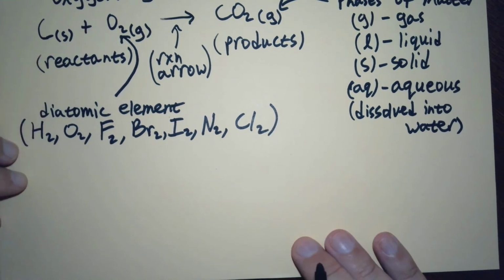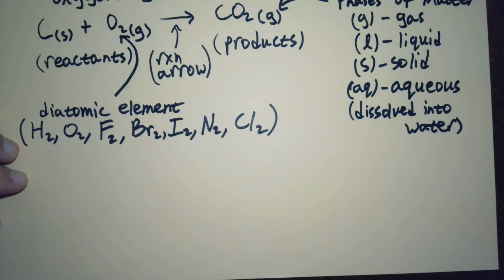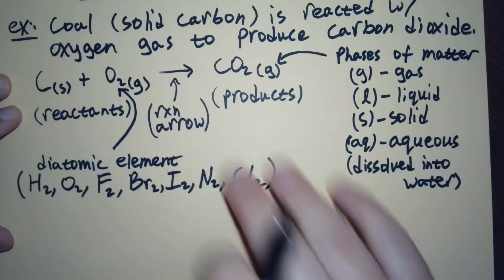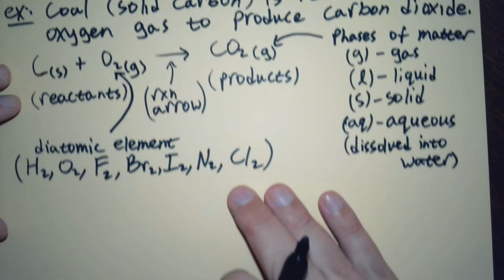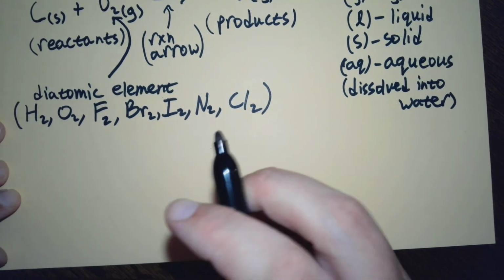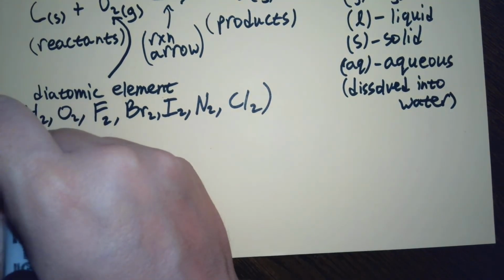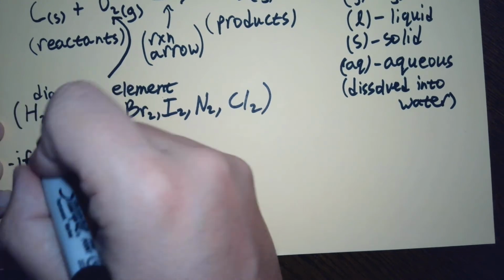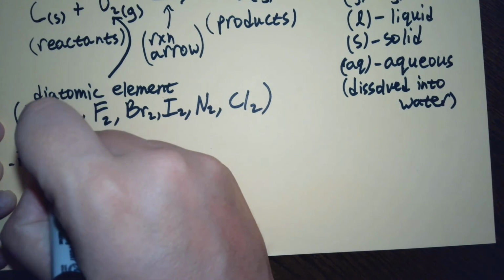And so really the last thing to talk about is there's some stuff we can play around with on the reaction arrow. So if we heat the reaction, we put it like that.